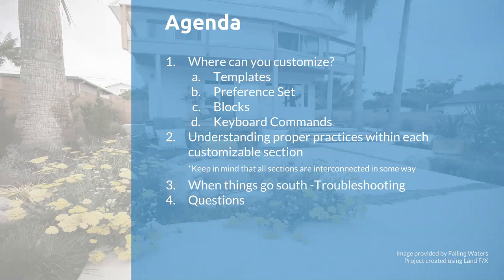They are definitely connected throughout in some way. So while it might seem like we jump around a little bit, I'm going to try to connect the pieces on what you should be thinking about as you're customizing things, because if you're undergoing a very severe customization, things could potentially go south. If we have time, we'll definitely try to cover some of those troubleshooting steps.